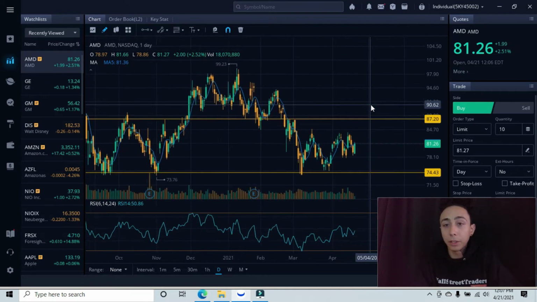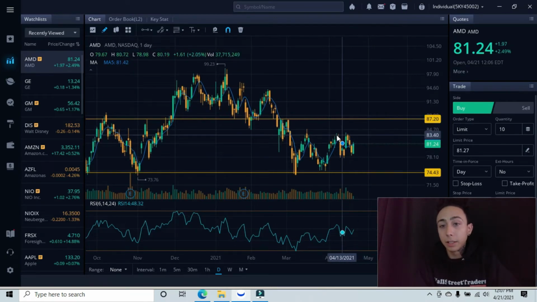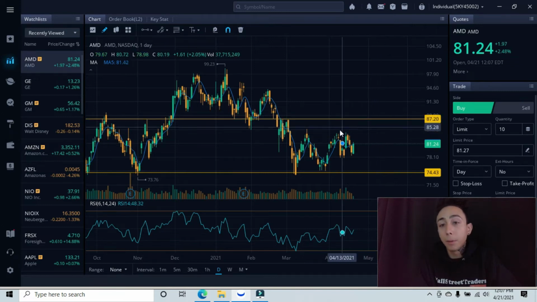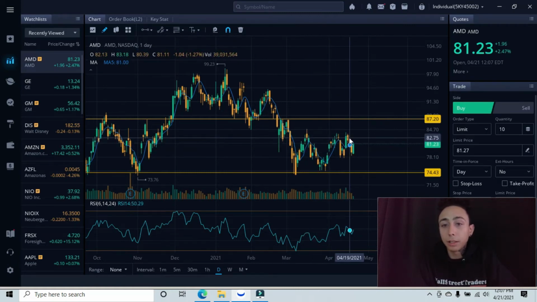So the safest entry right now, since we wanted to see this come up, pull back, 50% retracement, create a higher low, and continue that trend higher once we can break past this resistance. But ultimately we did not do that. It came up, pulled back, came up, and then did not break past this prior resistance, and now we are pulling back. So the safer entry would be back down here at the 74.60.